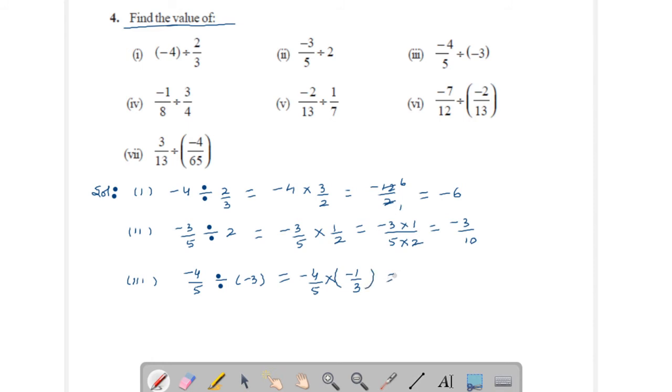Here multiply numerator by numerator, that is minus 4 into minus 1 upon 5 into 3. We will get minus minus plus, 4 into 1, 4. 4 upon 15. This is your answer.